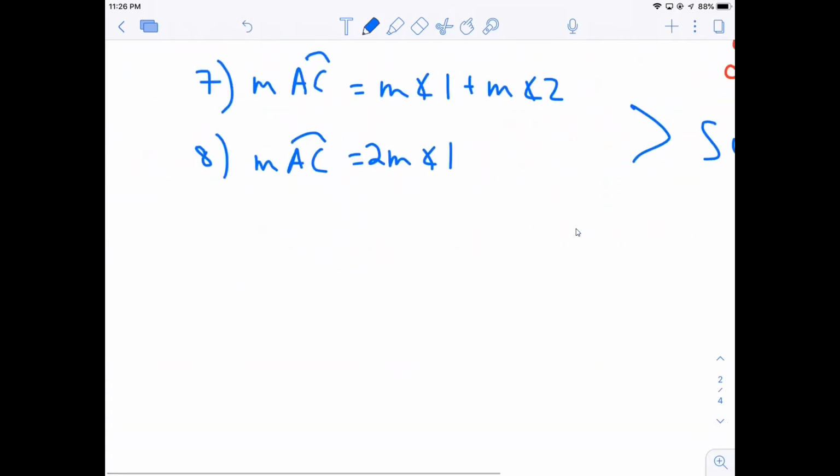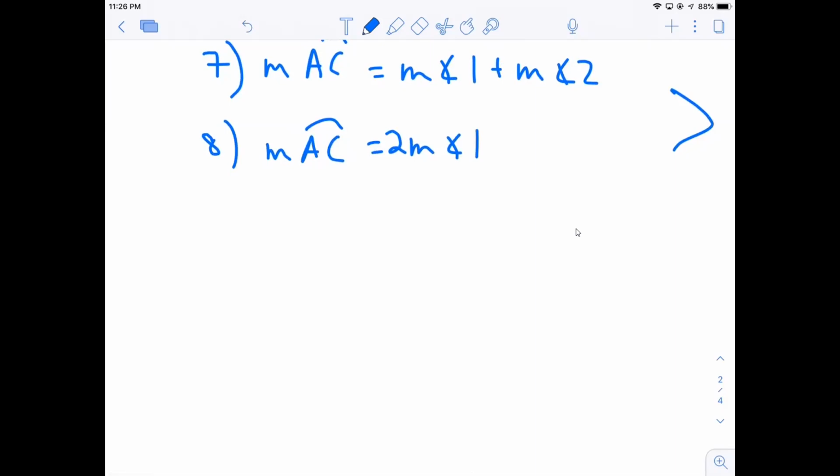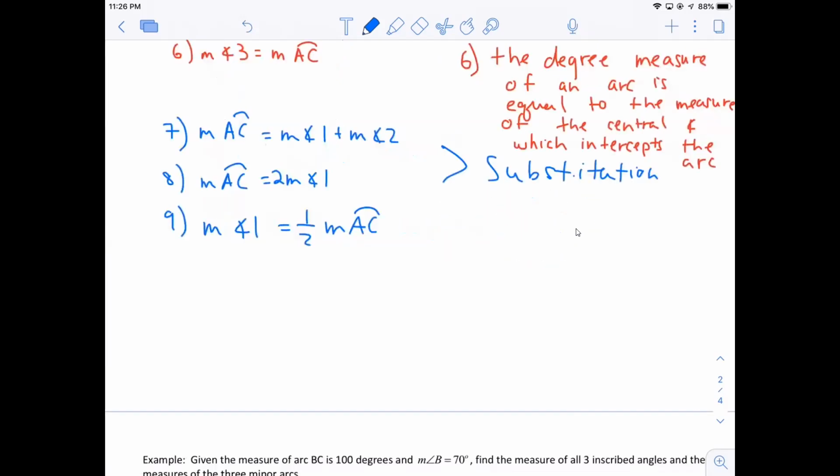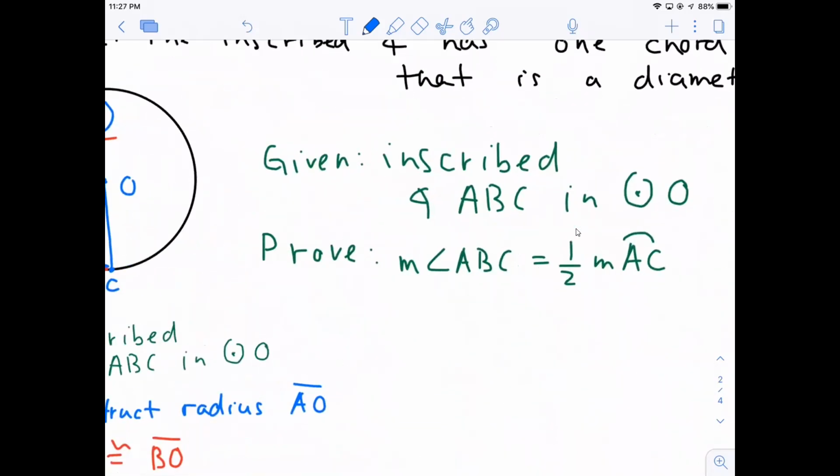And finally, if I divide both sides by 2, I get that the measure of angle 1 is equal to half the measure of arc AC. Not angle AC, arc AC. So isn't that what we set out to prove, right?